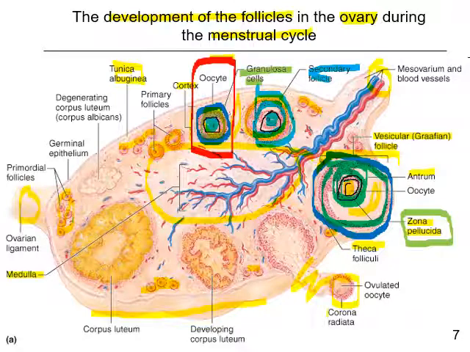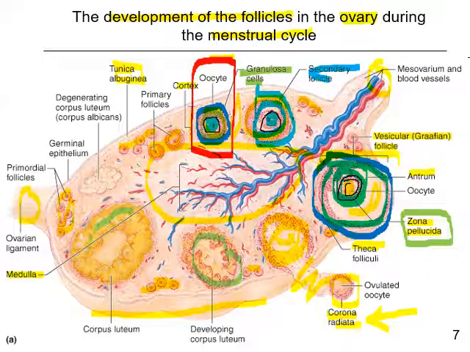Surrounding the oocyte is still the zona pellucida and a set of the granulosa cells that now becomes a structure called the corona radiata. The cells that remain inside the ovary, the remaining granulosa cells and theca cells, will develop into a structure called the corpus luteum.